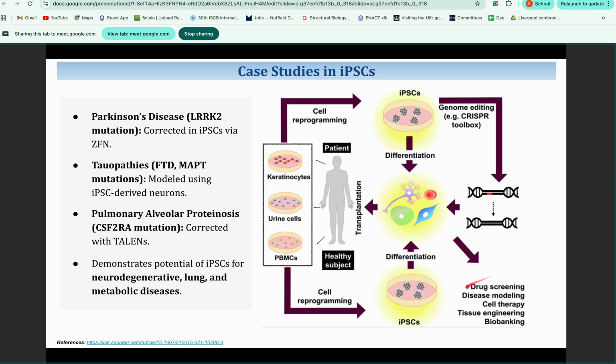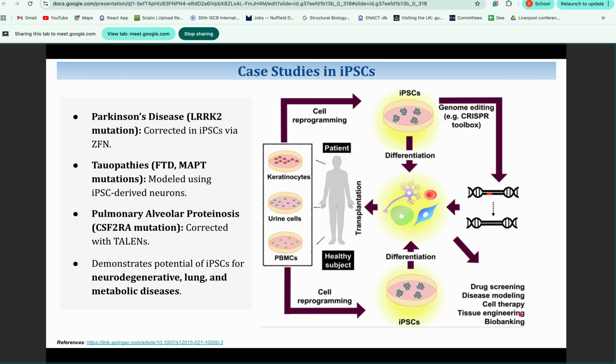So what I can do is go for drug screening, disease modeling, cell therapy, tissue engineering, and biobanking. I can store it in the biobank so that the person can later use them whenever he gets any disease. So these are different types of cells which can give rise to others, multipotent in nature.